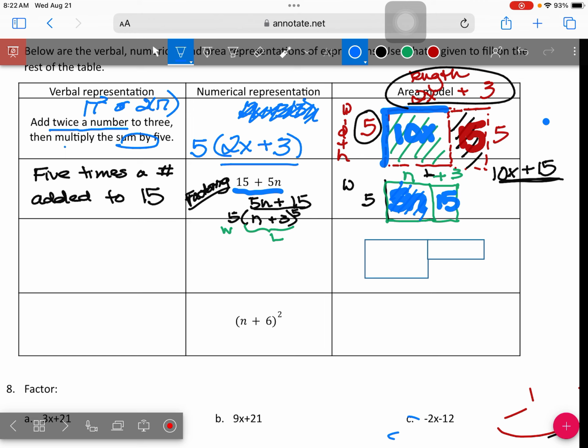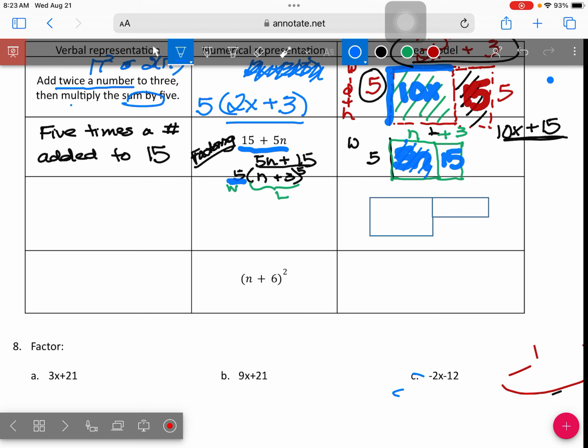That's your original, and you also have shown it as a rectangle. Okay? Questions on those two? This one is a little bit harder because you had to factor out that 5. All right. Let's go to the next one.